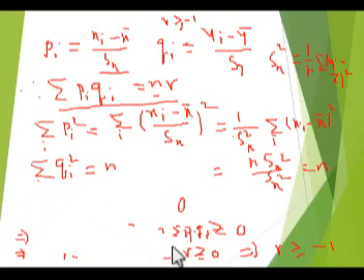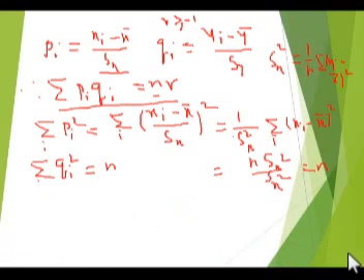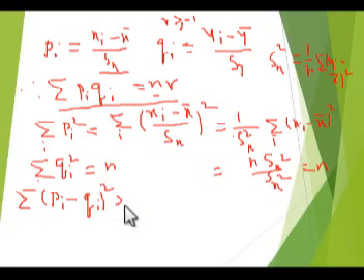The second proof we will do in this way. We also know the same reason: the summation of squares is always non-negative. So we will take the subtraction between Pi and Qi, whole square. This is also non-negative.